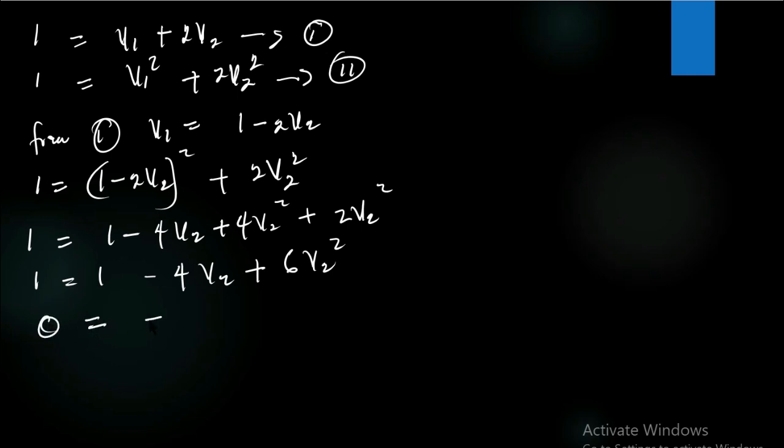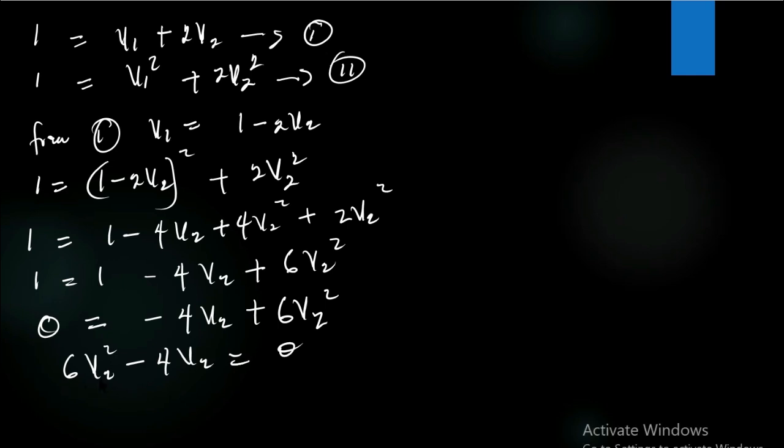It becomes equal to minus 4 v2 plus 6 v2 squared. Let's rearrange it so that I can say 6 v2 squared minus 4 v2 is equal to 0. I've only rearranged my equation. Now, v2 is common, and I have all even numbers, so I can bring out 2. 2 v2 into 3 v2 minus 2 equals 0.